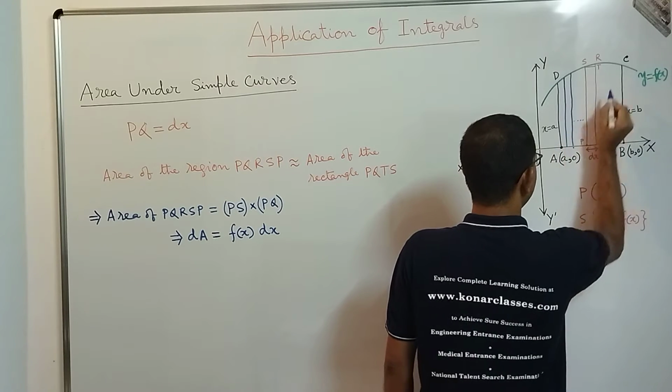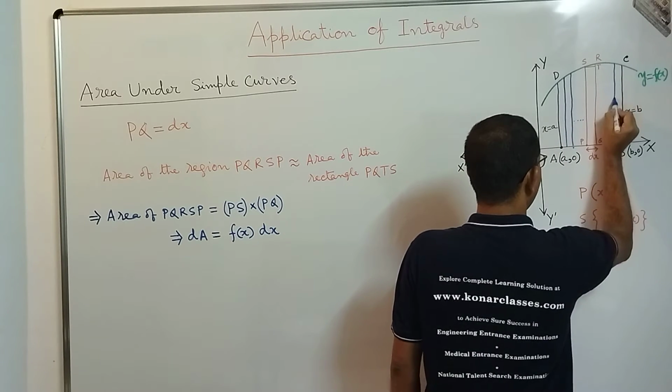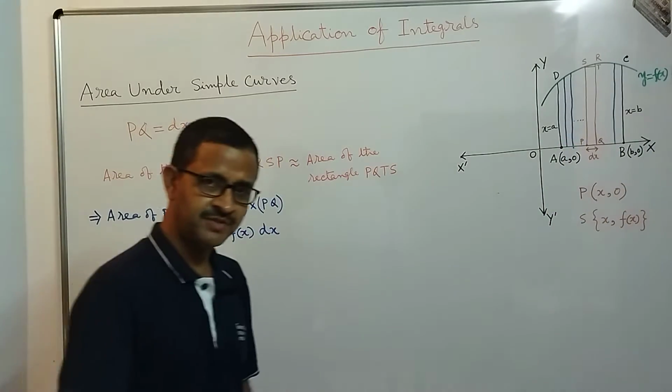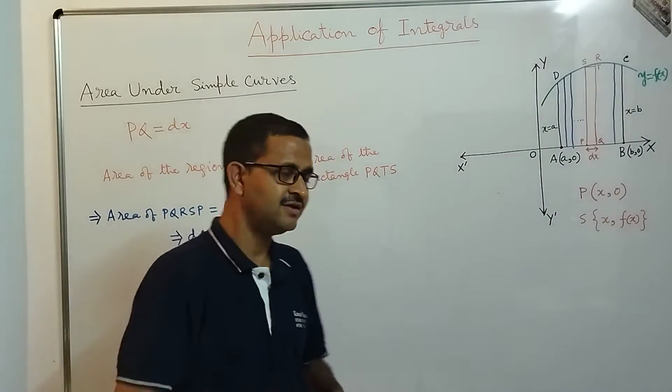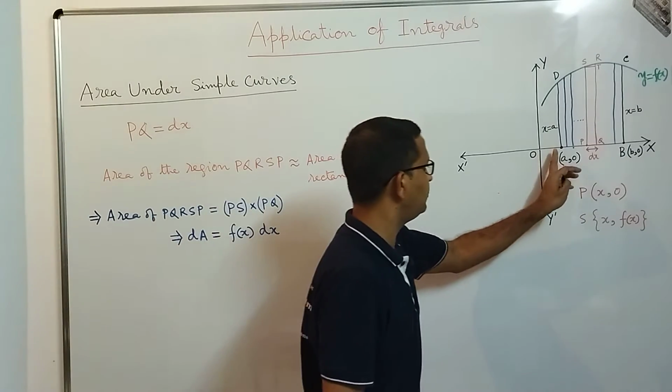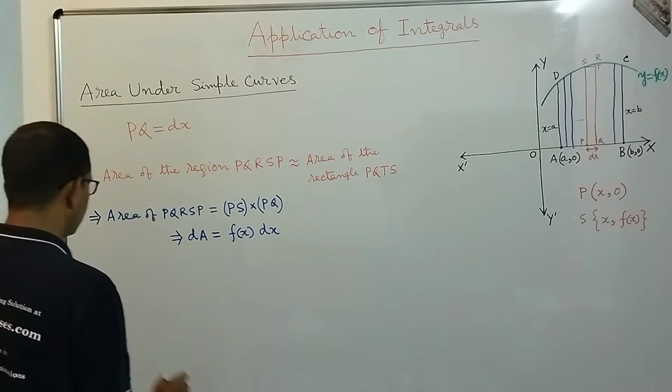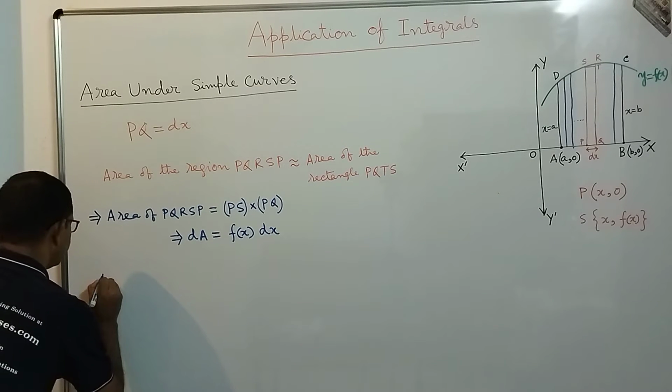In that way we can continue, and at the end also we have an elementary strip, and we add all these areas. If we add all these areas, we get the area of the bounded region ABCDA.